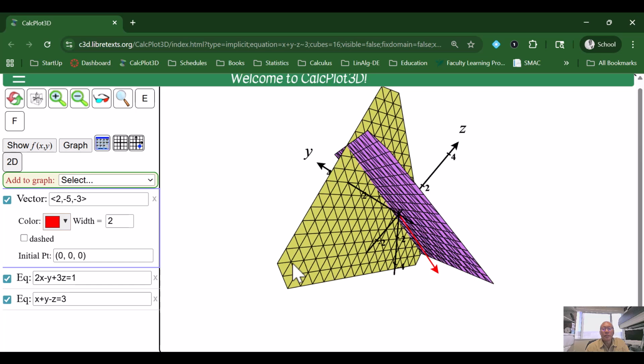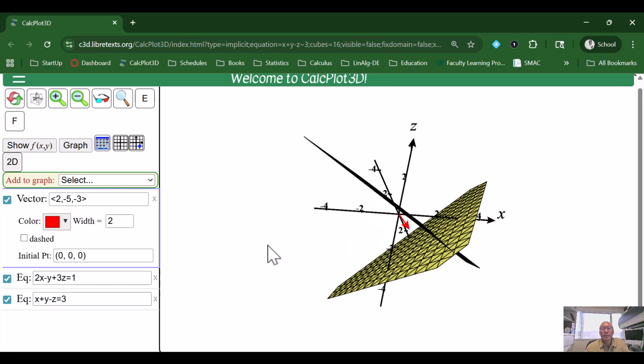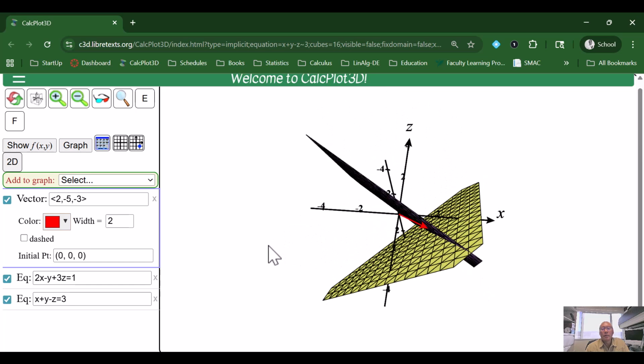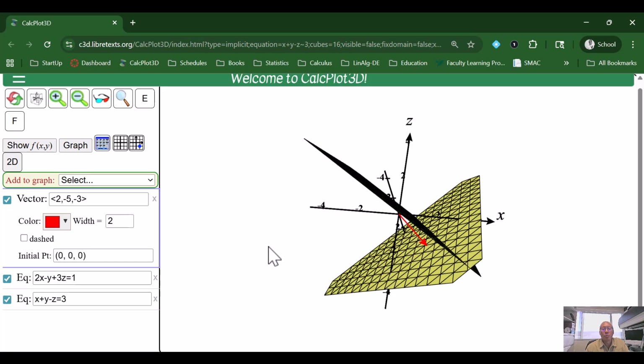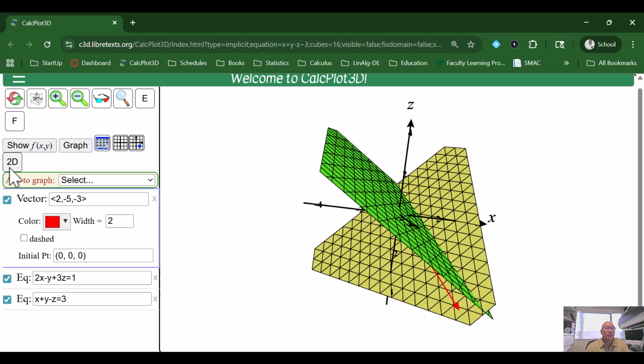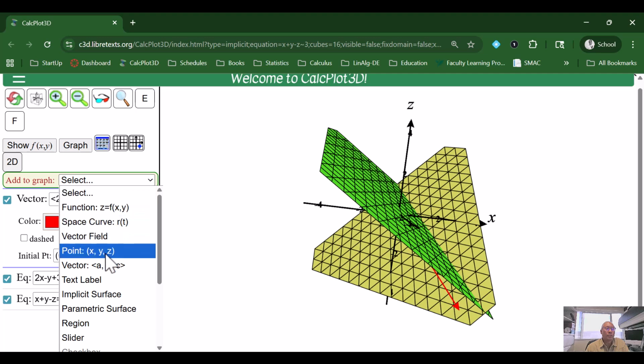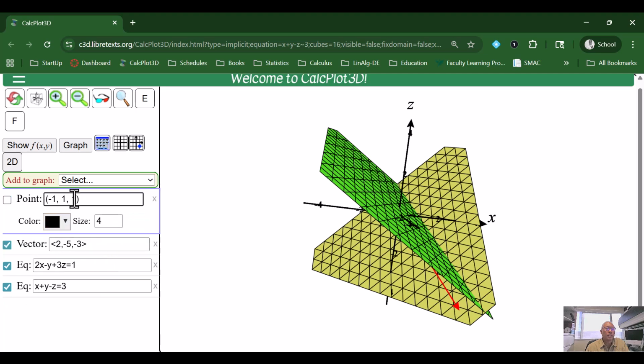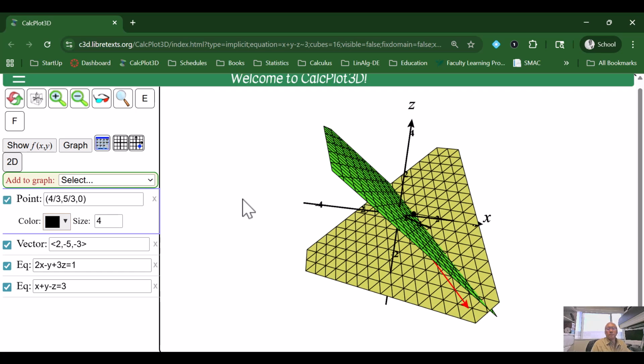Now this vector is coming from the origin. Well, that's not very useful until I move it to the actual point that I have. So let's get that point involved here, and the point was, I believe, 4/3, comma 5/3, comma 0.